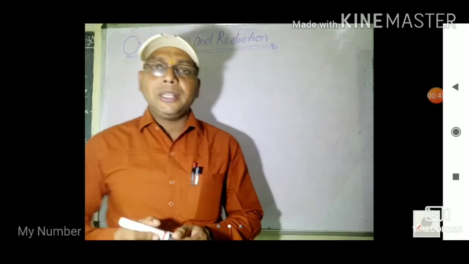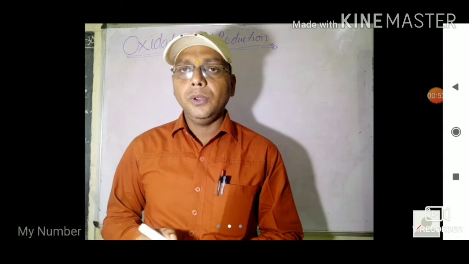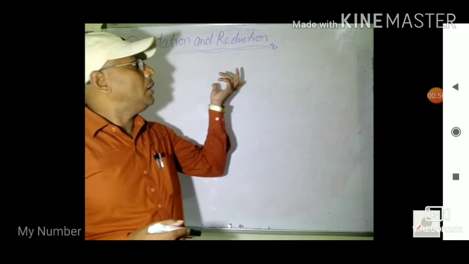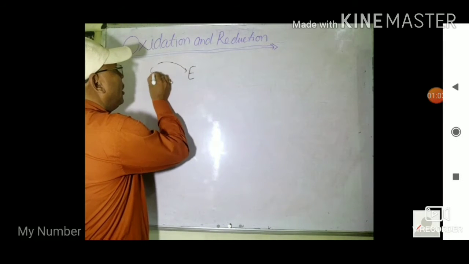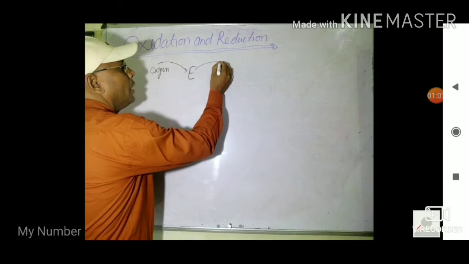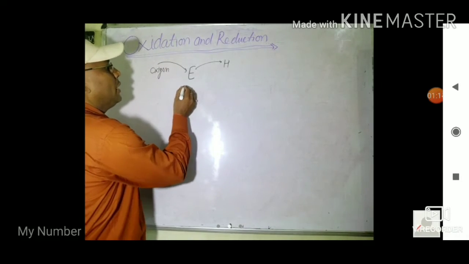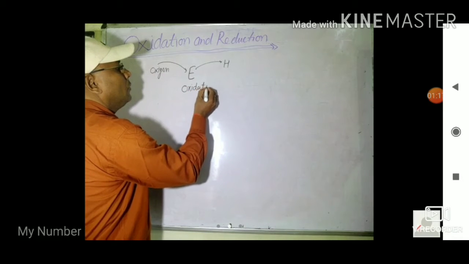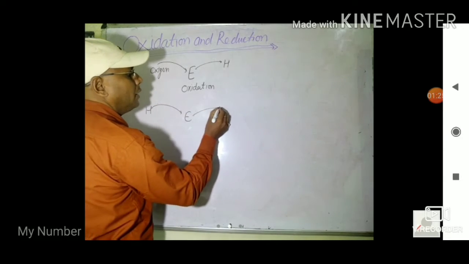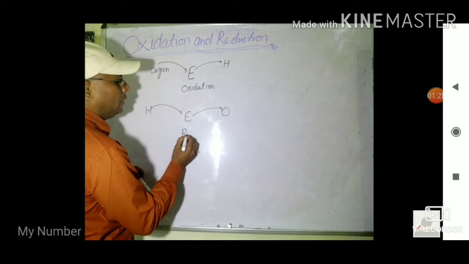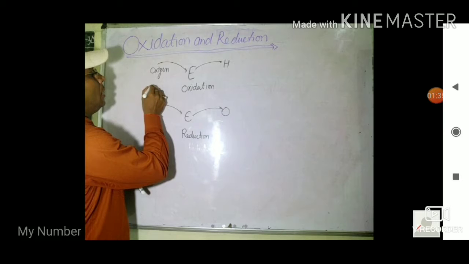The old definitions depend upon the addition of oxygen and removal of hydrogen. In the previous lecture, all students learned that when an element adds oxygen and removes hydrogen, it is called oxidation, and when an element adds hydrogen and removes oxygen, it is called reduction.